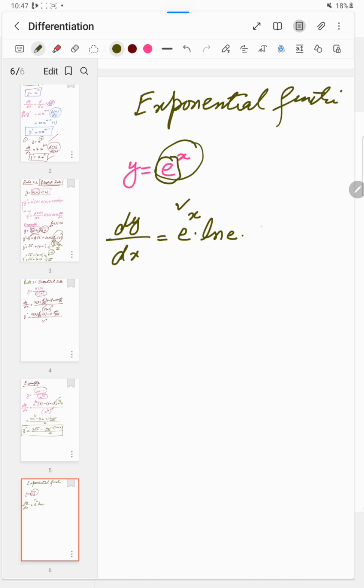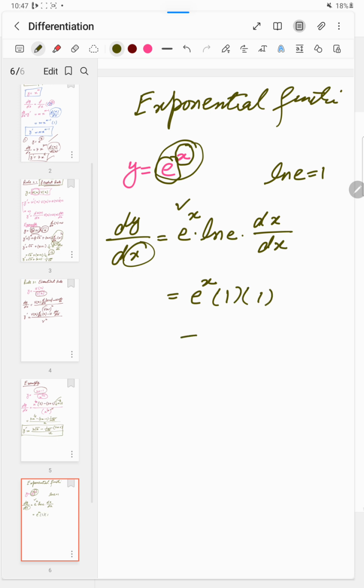Then third, we apply the derivative of the power, so in this case the power is x and we differentiate with respect to x, so dx over dx, and it becomes e raised to power x. We know that log of e is equal to 1, so the derivative of the exponential function will be as it is.